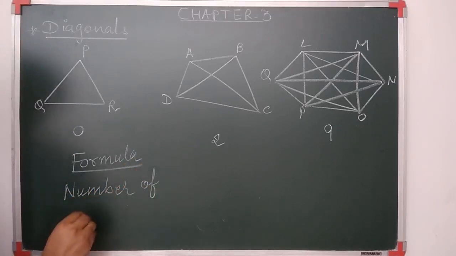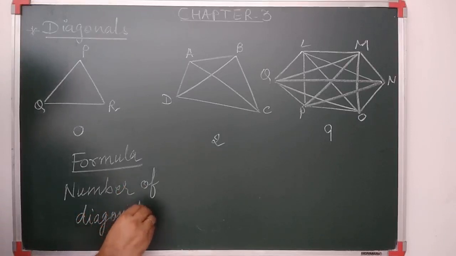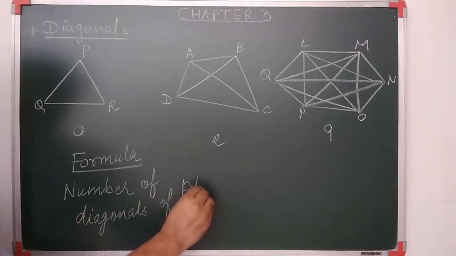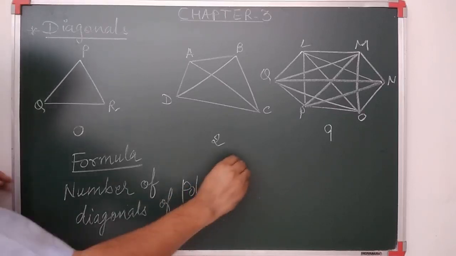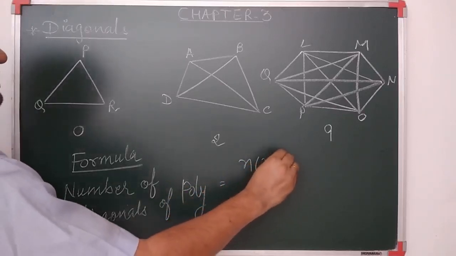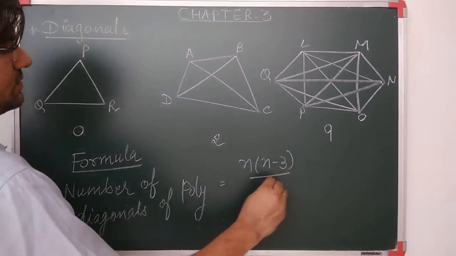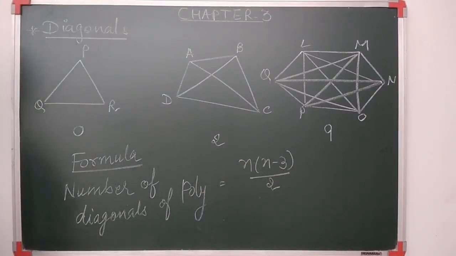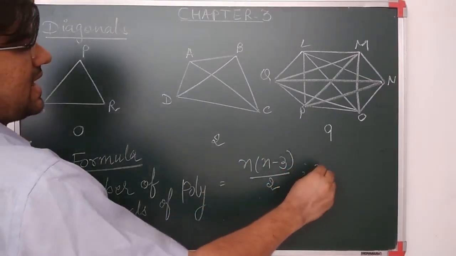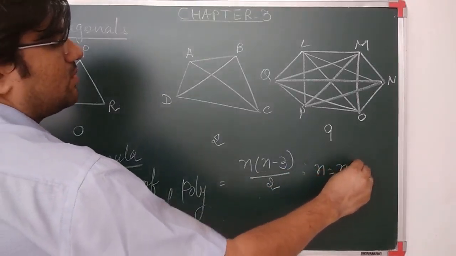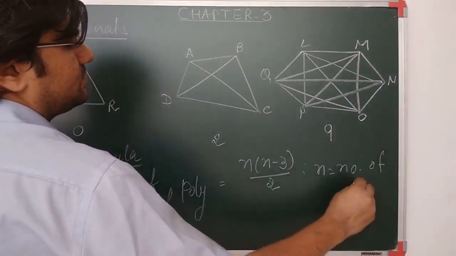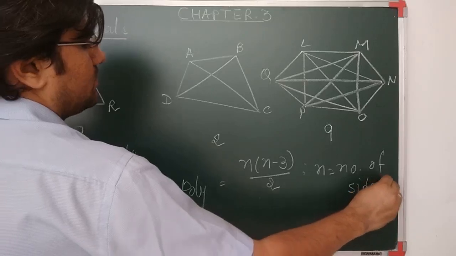The number of diagonals of a polygon. So the formula is n(n minus 3) upon 2. Let us understand what n is. We can consider n as the number of sides of the polygon.